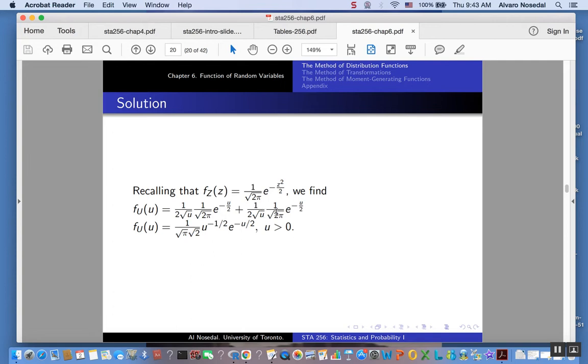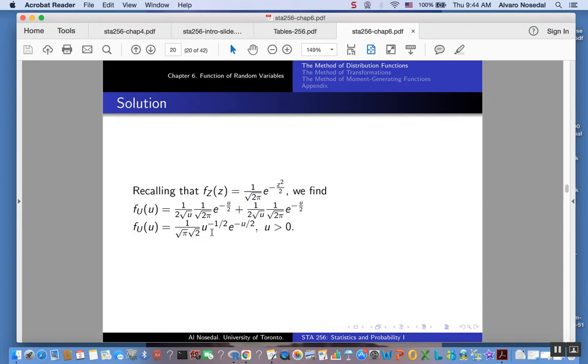Now, here, 1 over the square root of u, we are re-expressing as u to the power negative 1/2. Why are we doing that? Let's go back to our table. We have u to some power, e to the negative u divided by a constant.